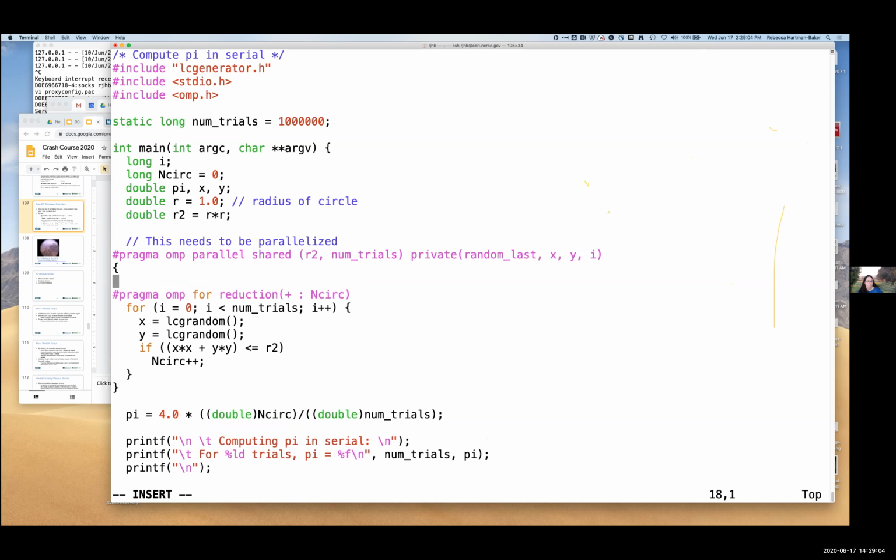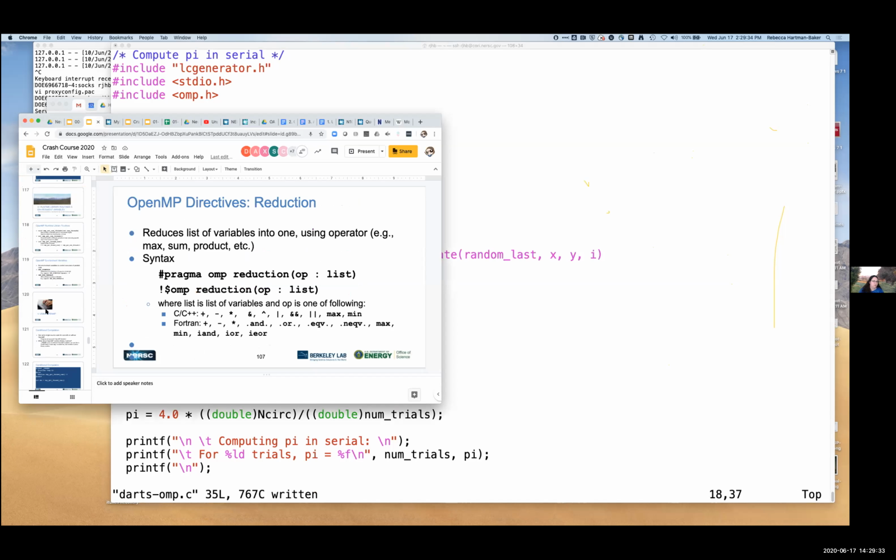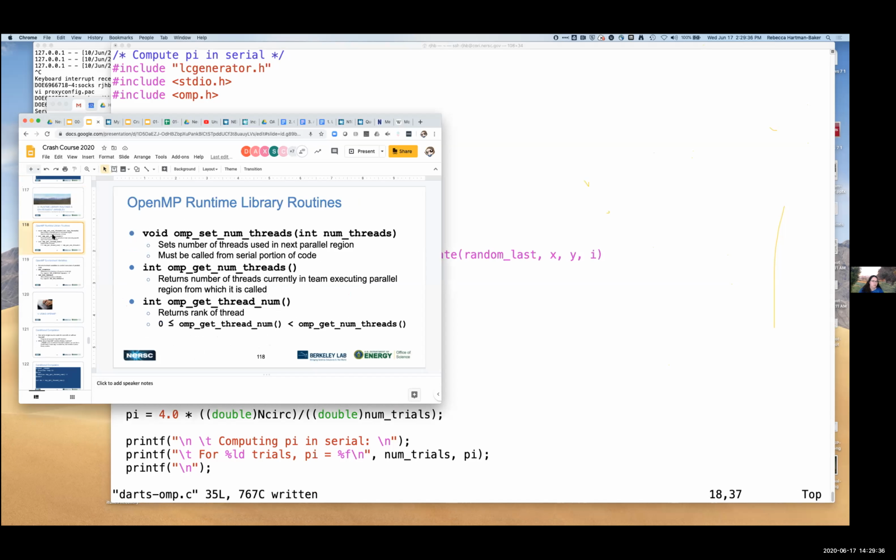And then I want to set random last equals omp_get_thread_num. I think that should do it. Let me just make sure that I got omp_get_thread_num correct. Yep, omp_get_thread_num.